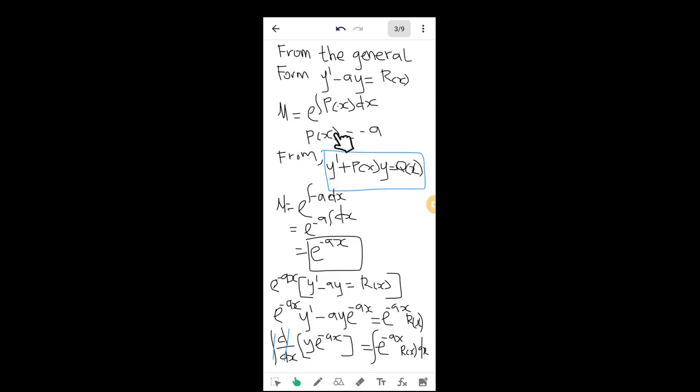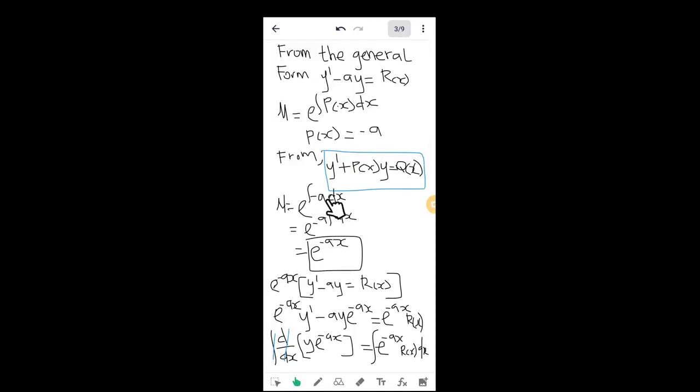So my P of x is equal to minus a. I can further find my mu, that's the integrating factor. The integrating factor becomes e to the power of the integral of P of x. But my P of x is minus a, so the integral of minus a dx.